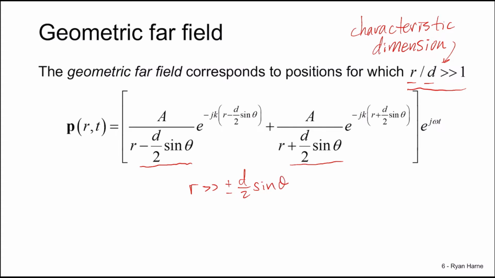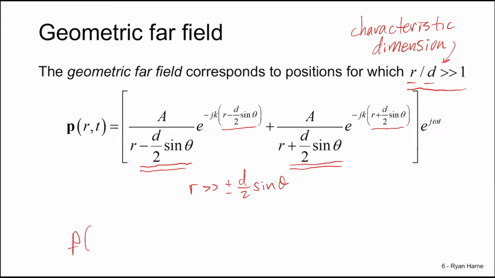So in other words, these corrections in the denominators are effectively 0, and we can get rid of them. On the other hand, in the complex exponentials, we cannot get rid of these. The reason is because this complex exponential represents a sinusoid, and the argument of a sinusoid repeats the function's result every 2 pi. So these are important phase contributions.